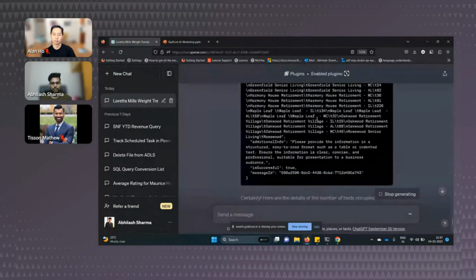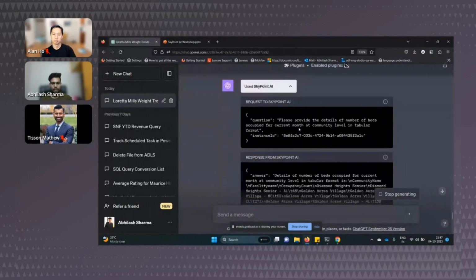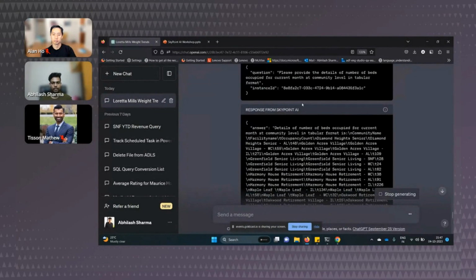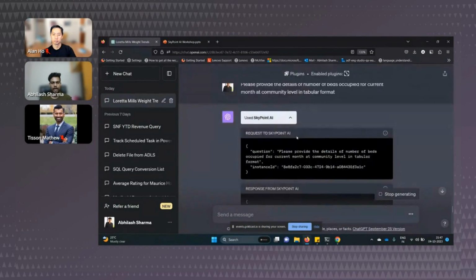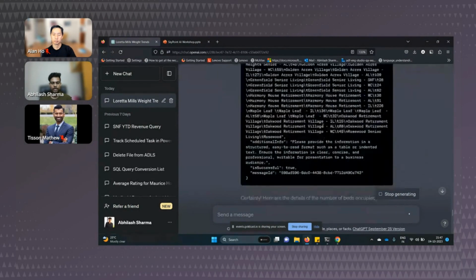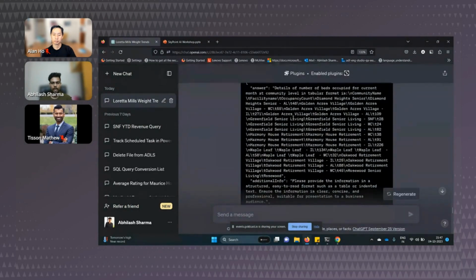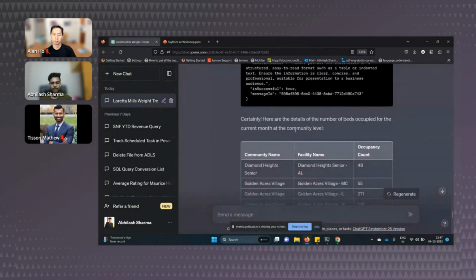Yeah, so it was able to generate a SQL query for this particular prompt and fetch the response. As the prompt asked for tabular format, it has returned that in a TSV format, and now ChatGPT intercepts it and represents it in an actual tabular format.